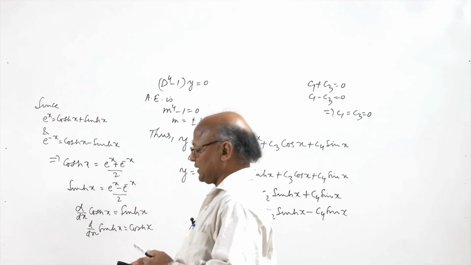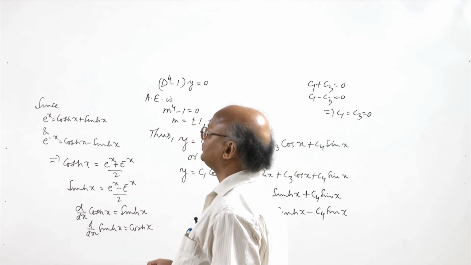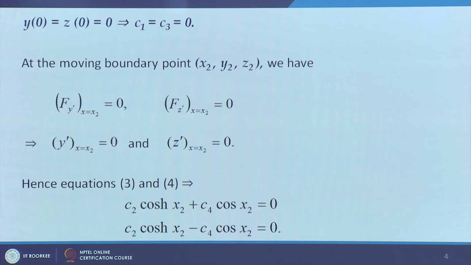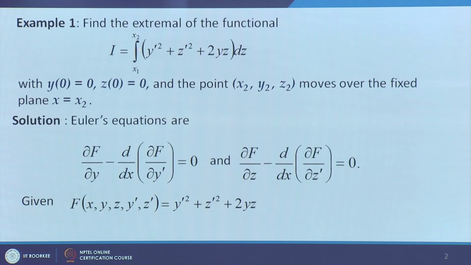Now let us apply the condition F y dash at x equal to x2 is equal to 0, which are the conditions we get by the moving boundary point x2, y2, z2 which lies on the surface of the plane. Here F of x, y, z, y dash, z dash is y dash square plus z dash square plus 2yz.